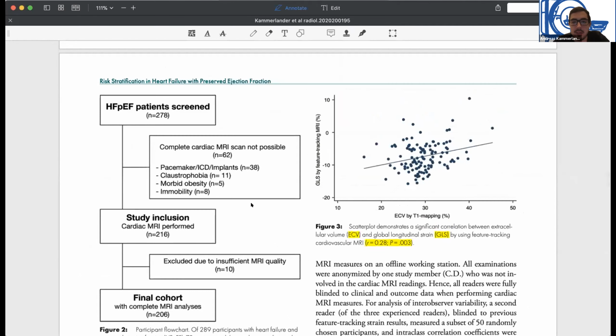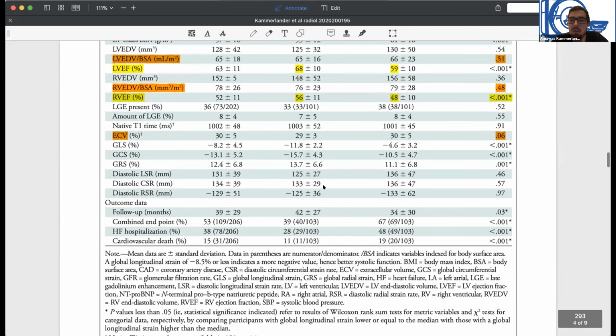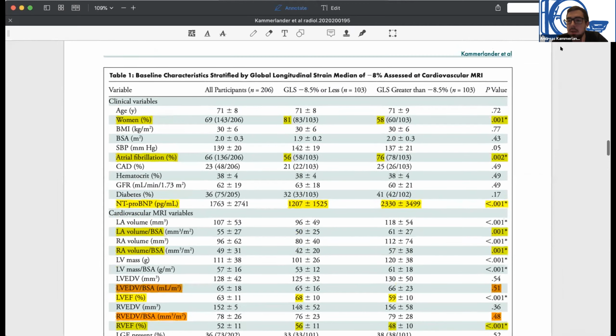And since global longitudinal strain in CMR is not really established, we divided the cohort based on the median, which was minus 8.5%. As you can see here, on the left part, you have all participants, then you have minus 8.5 or less, so this is actually the better systolic function, and then the worse systolic function, which is strain greater, so more positive than minus 8.5%.